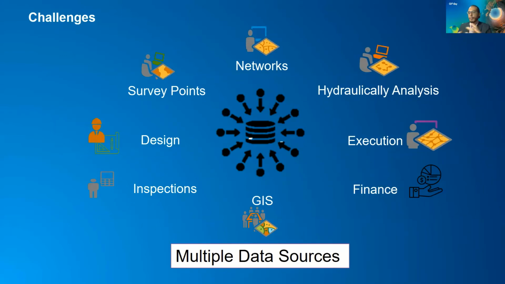So we have multiple data sources that are not connected, and of course they can conflict. So you can have two copies of the same information, and it is different in different data sources. So we need a single source of truth or of information to avoid the conflicts and ambiguity.